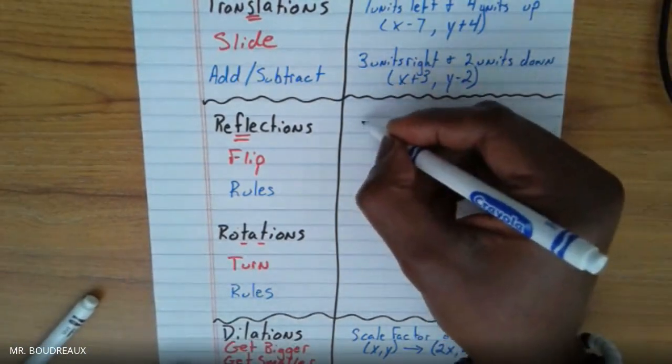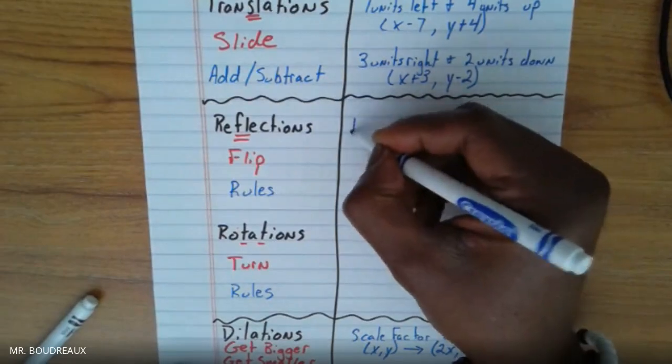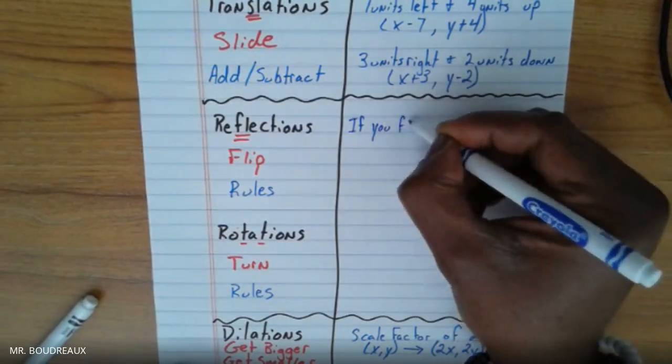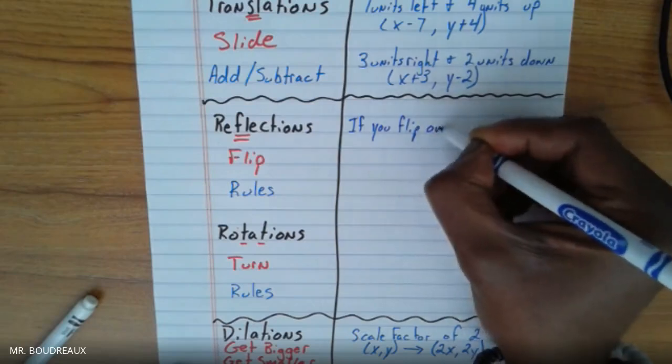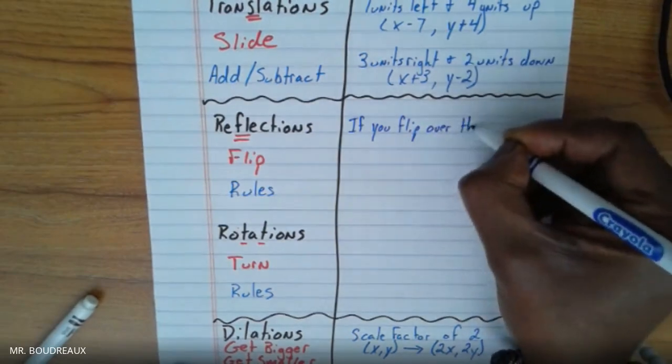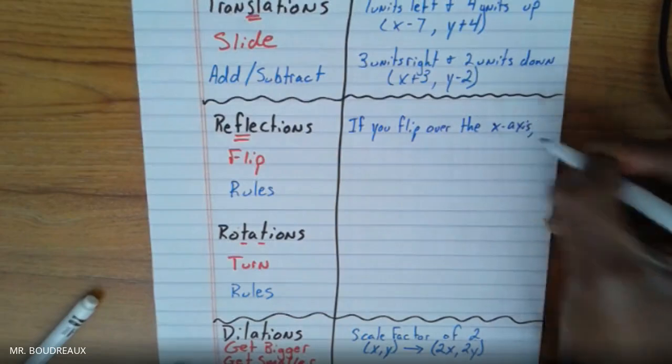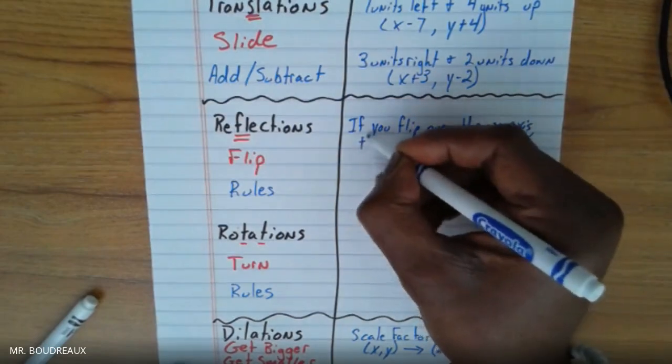The rule is simply this. If you flip over the x-axis, then you need to change your y.